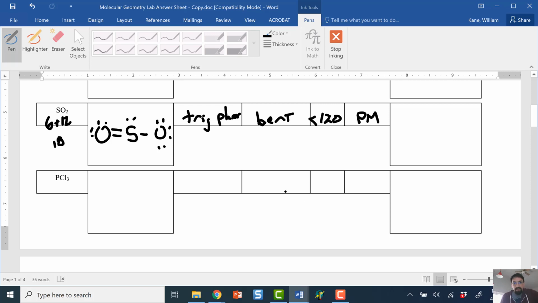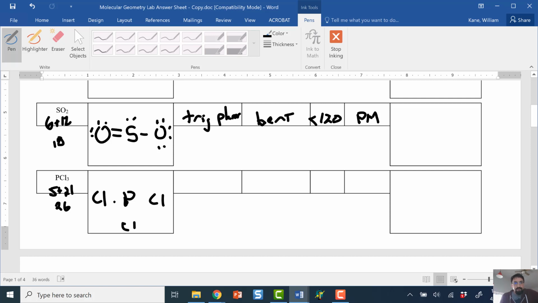PCl3 was the third and final misconception problem. I'm seeing for phosphorus 5 electrons plus 7 apiece for the chlorines. That's a total of 26. So phosphorus is going to go here. I'm going to put a chlorine, and a chlorine.